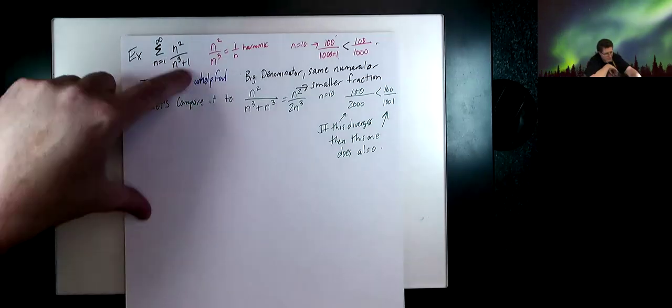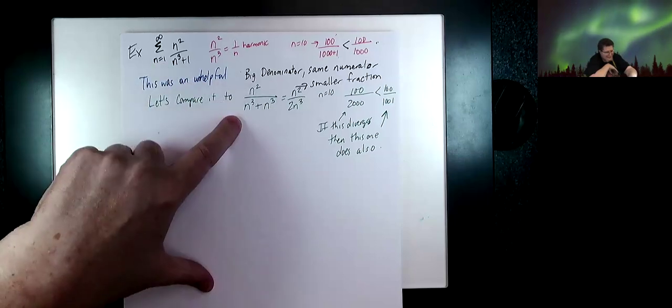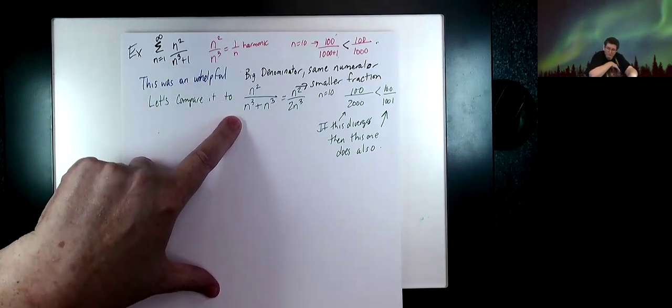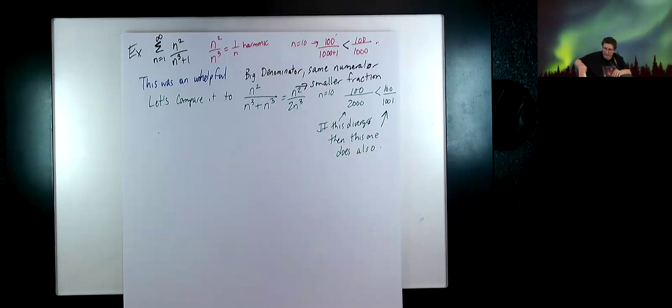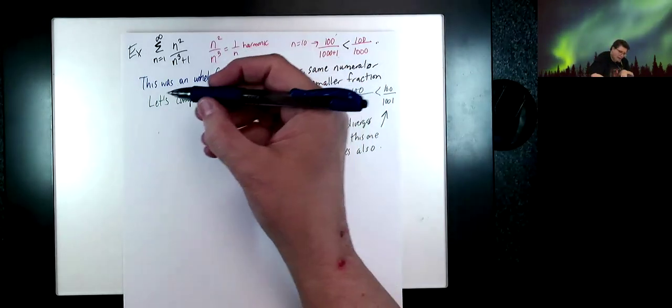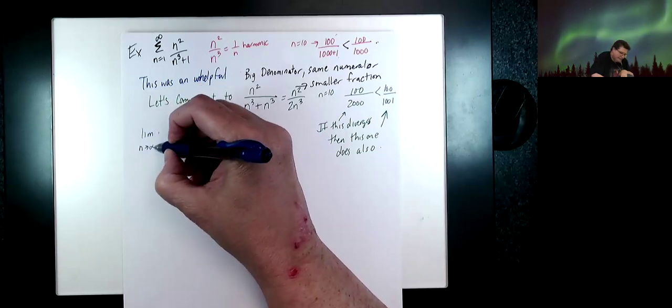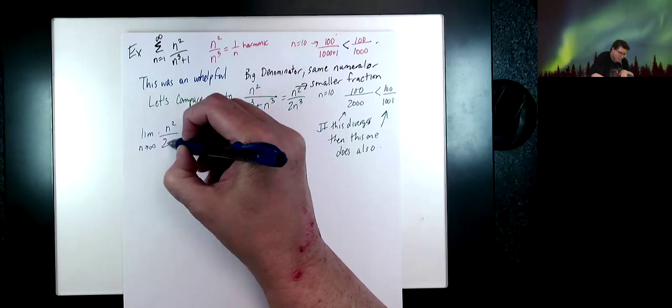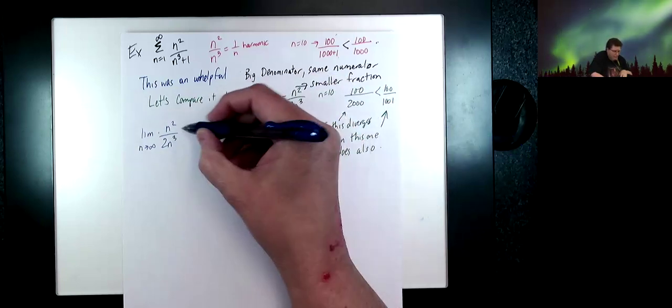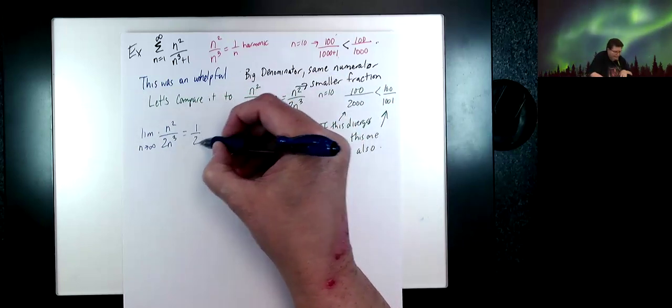So I replaced the 1 with something that was equal so that I could add it together and make it something that's useful. I can look at the limit as n goes to infinity of n squared over 2n cubed. I can pull out that 1/2.